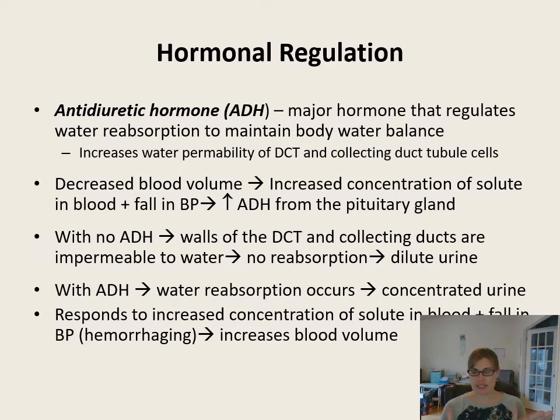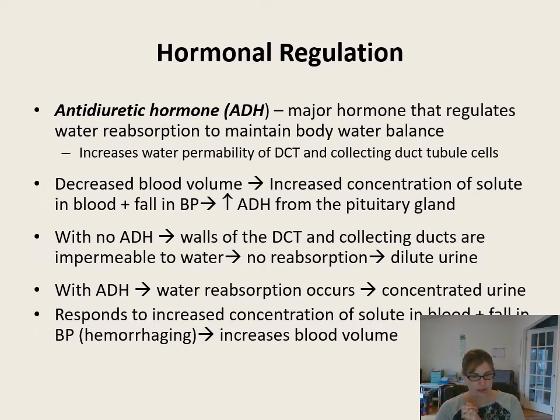If you don't have antidiuretic hormone, the walls of the distal convoluted tubule and the collecting ducts are not going to be able to have water pass through them very well, and we will not see reabsorption of water, and we will have diluted urine. So no antidiuretic hormone will have very diluted urine, and you're going to lose a lot of water that way.